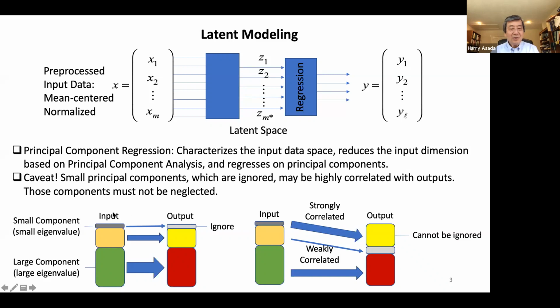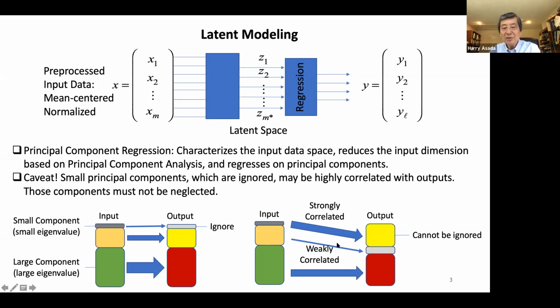Because we look at only the input space. How do you know that this one is insignificant? In fact, in some cases small components in the input space may play a very important role in predicting output y. On the other hand, there's some mode which has decent importance in the input space, but it turns out the relationship between this mode and the output is almost random.